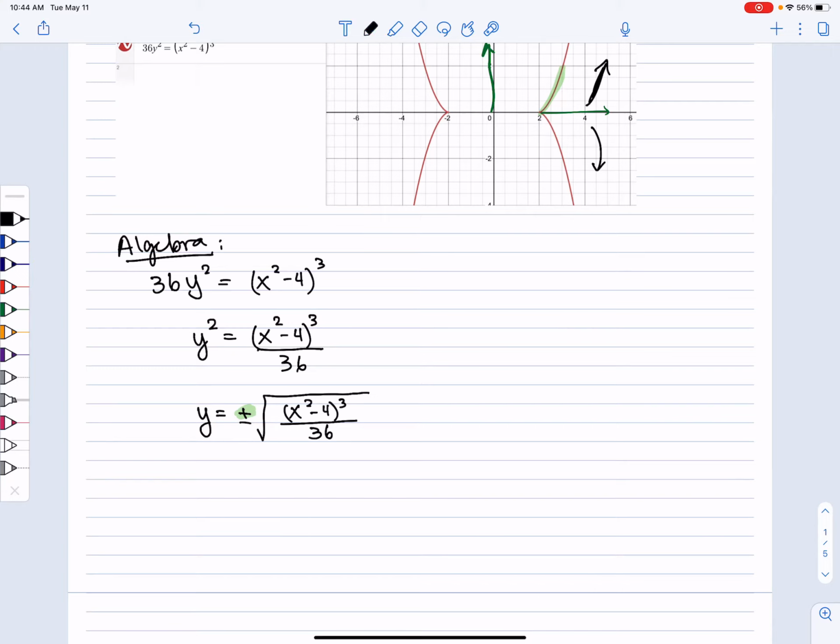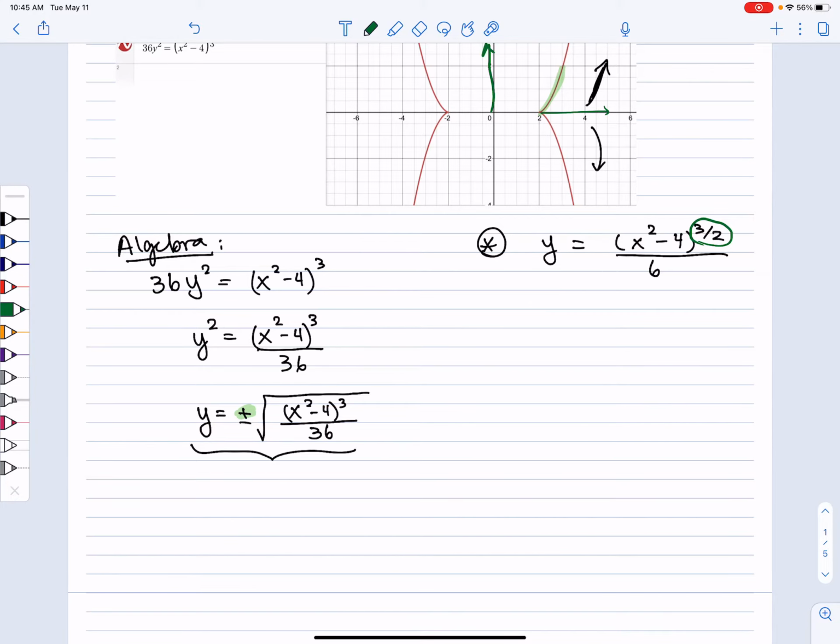So for our problem, we are looking at y equal to, I'm going to write down what we have in the form of (x squared minus 4) to the 3 over 2 over 6. Because we're taking the square root of the numerator, and that's what we're writing here as 3 over 2, and the square root of the denominator.